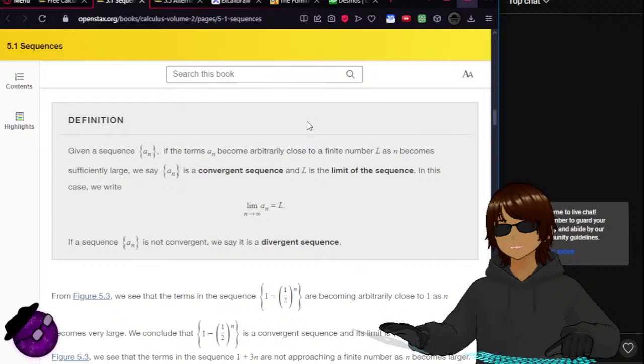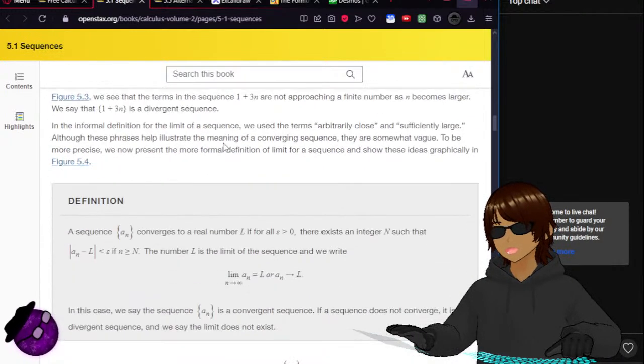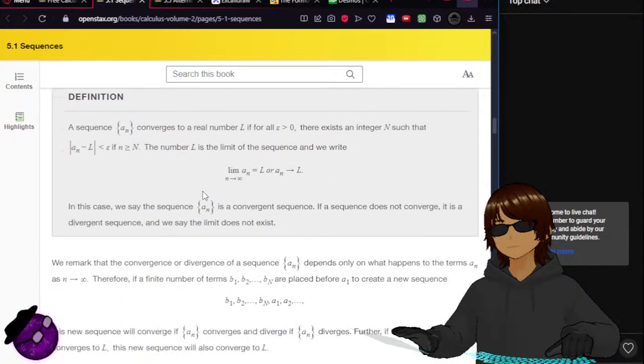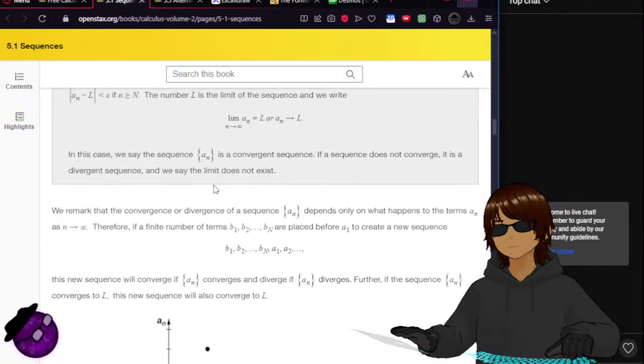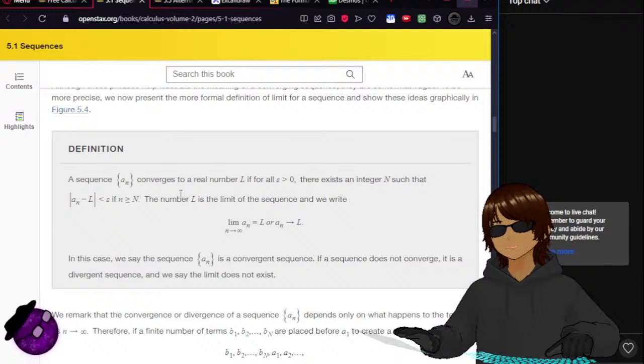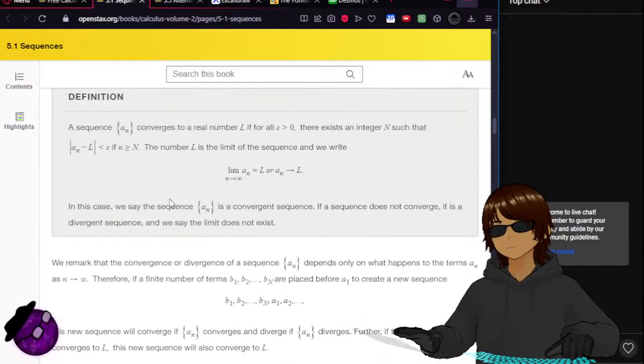If the term a_n becomes arbitrarily close to a finite number L as n becomes sufficiently large, we say a_n is a convergent sequence, and L is the limit of the sequence. In this case, we say the sequence is a convergent sequence. If a sequence is not convergent, it is a divergent sequence.